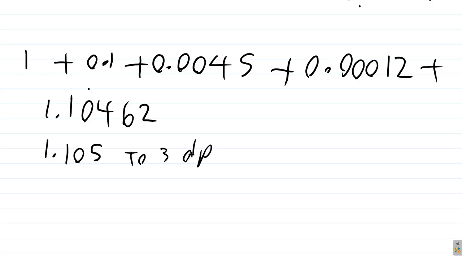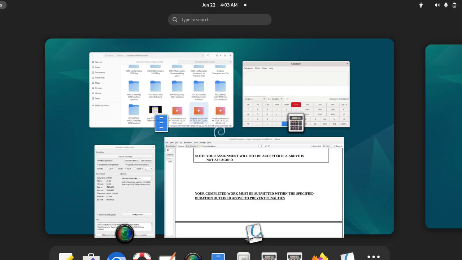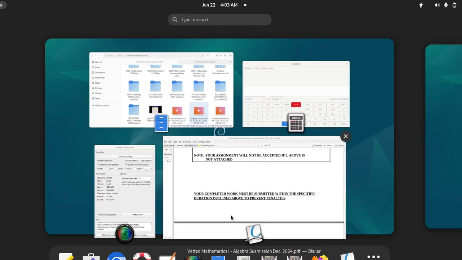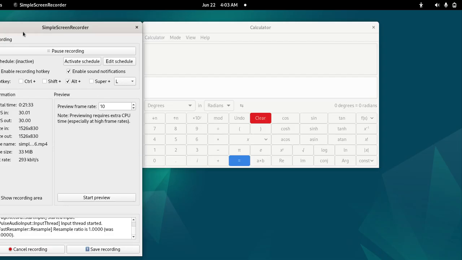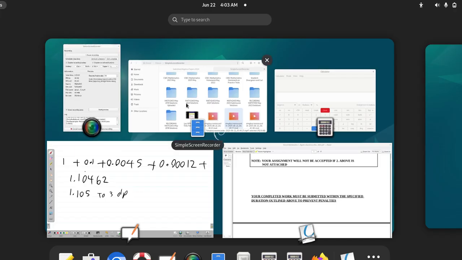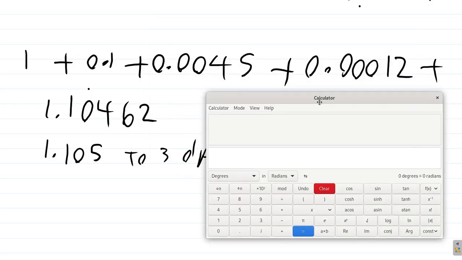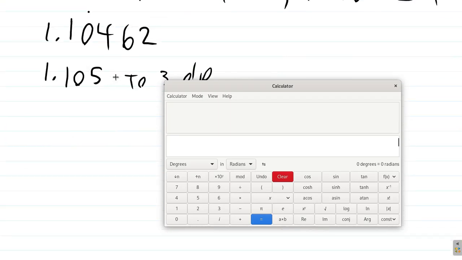So 1.01 raised to the power of 10 equals. Now let's use our calculator here and see if we can get this. So we have 1.01 to the 10.